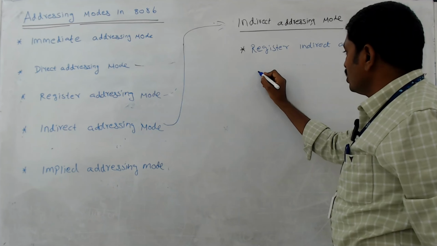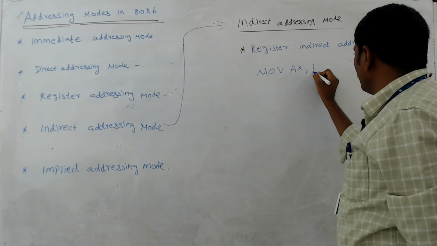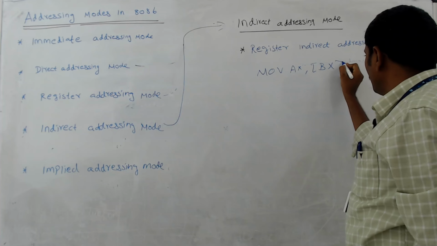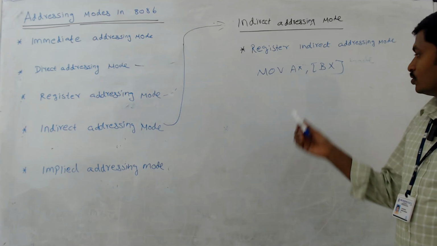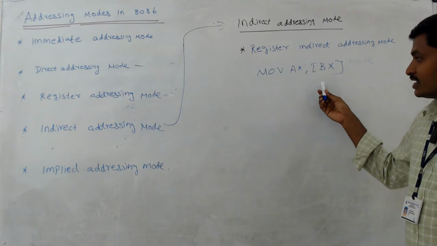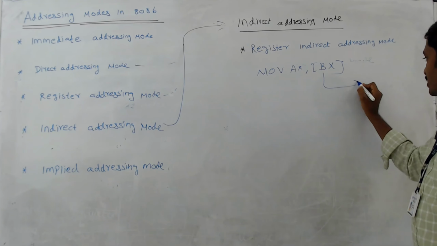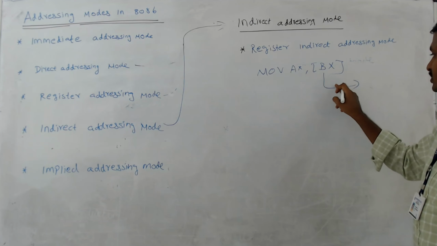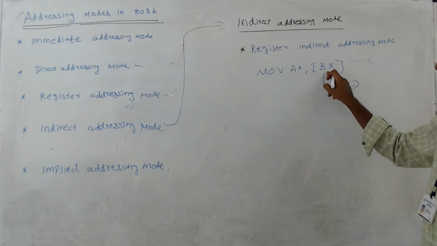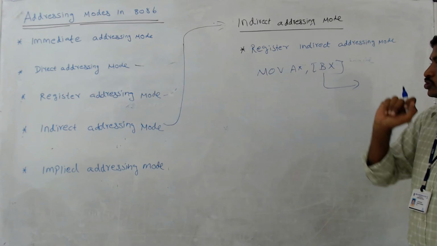For example, MOV AX comma [BX]. I already told you, whenever we represent something within the square bracket, it will be considered as an address. So the BX points to some address location. Whatever the content is available in the BX-pointed address location, that moves to the AX register.